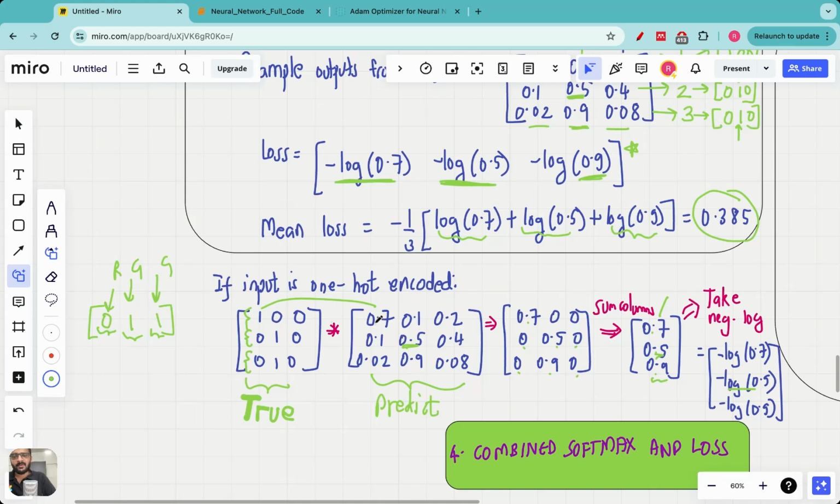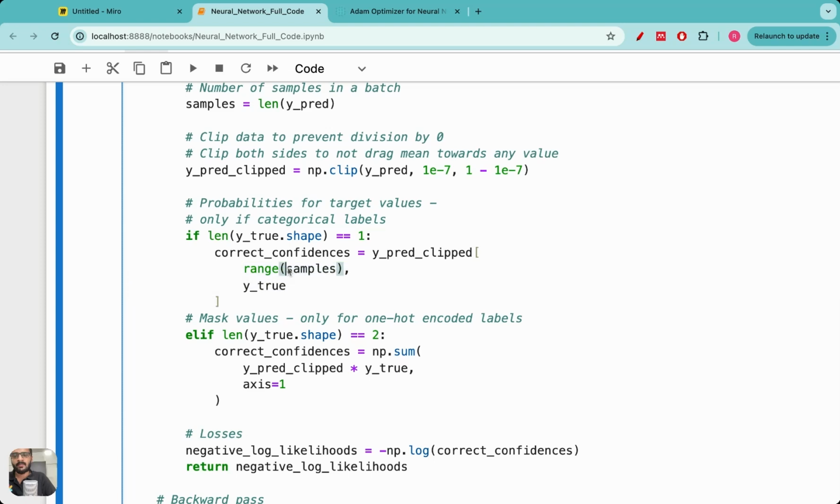For example, in the first row we look at the 0th index, for the second row we look at the first index, and in the third row we look at the first index. And this is exactly what is done in this part of the code. This range of samples means the indices, and y true means the 0, 1, 1 I showed you, and then we look at these indices in the predicted matrix.